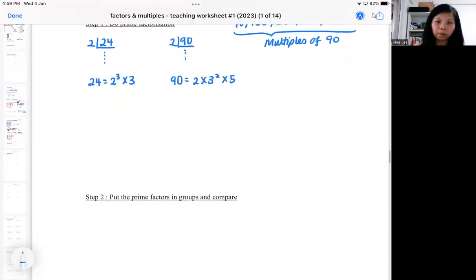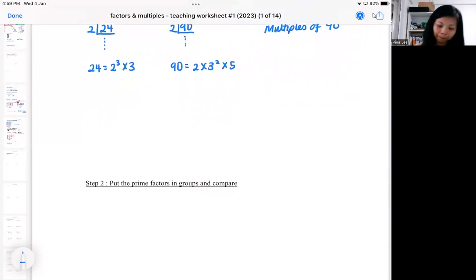After this, I'm going to put them into groups to compare. When I put them into groups, you realize that I'm writing them a little bit spaced out.